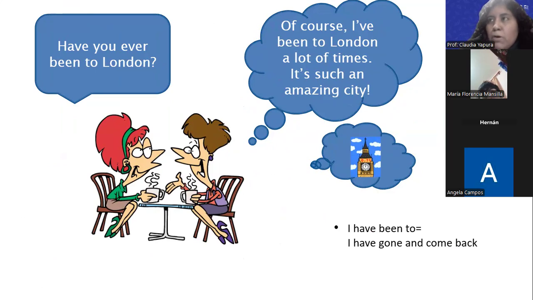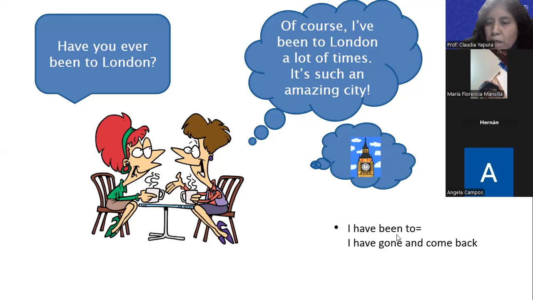O por ejemplo, hace 5 años atrás fui por primera vez, luego hace 2 años atrás y luego hace unos meses. So I'm not mentioning in what year, but I want to say I've been to London a lot of times, so like part of my experience. Good.